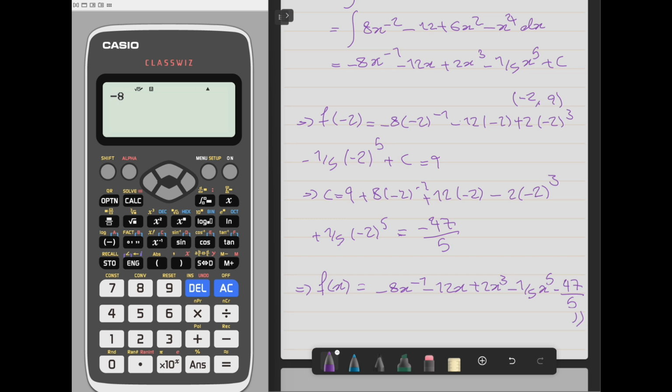So minus 8 times minus 2 to the power of minus 1, minus 12 times minus 2, plus 2 times minus 2 to the power of 3, minus 1 over 5 times minus 2 to the power of 5, minus 47 over 5. And our answer is 9, so the integration is all correct.